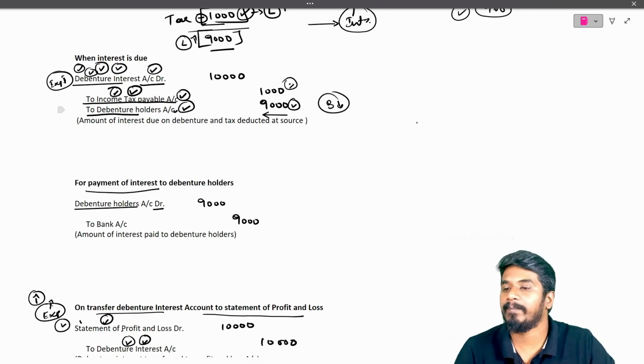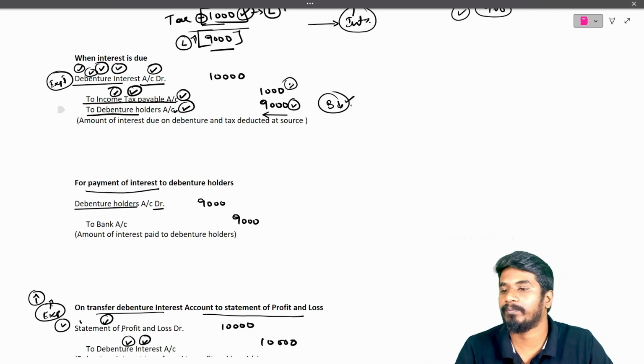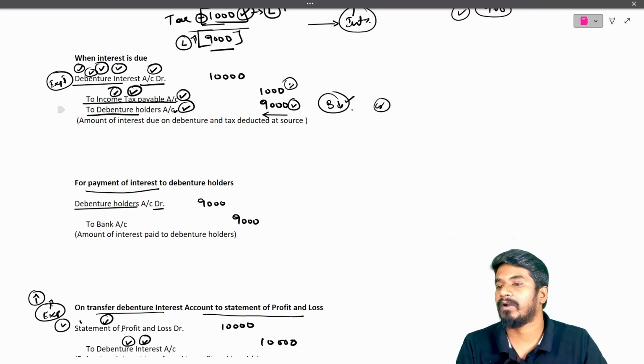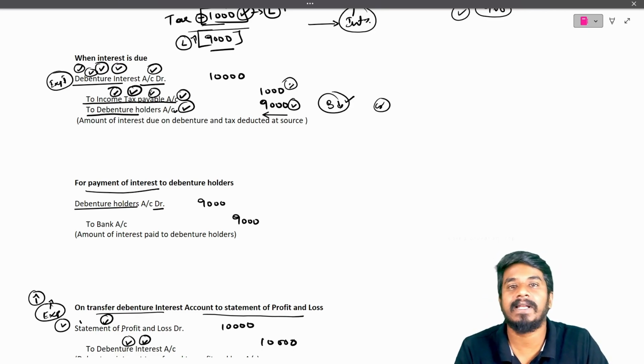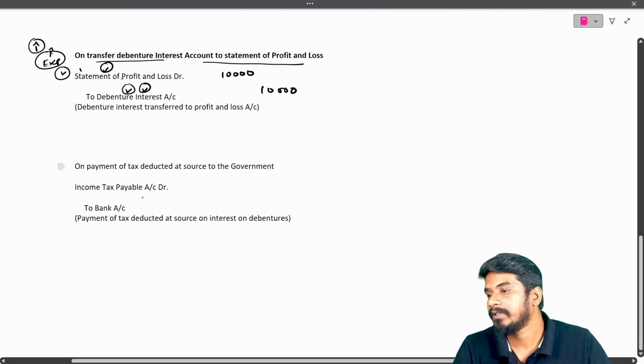If we want to pay, we will pay through the bank account. Obviously the bank account will go down, so we will credit it. Correct. If an asset decreases, we need to credit it. Bank account will get credited. And here we have credited the tax payable amount, so we will reverse it. From that account we need to pay.